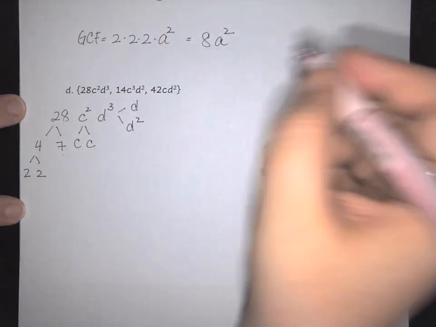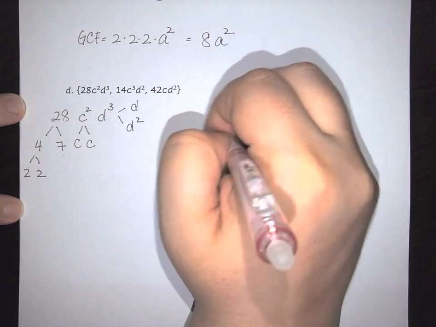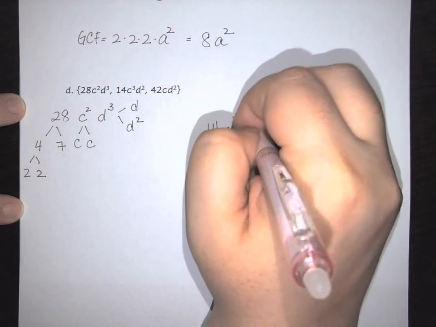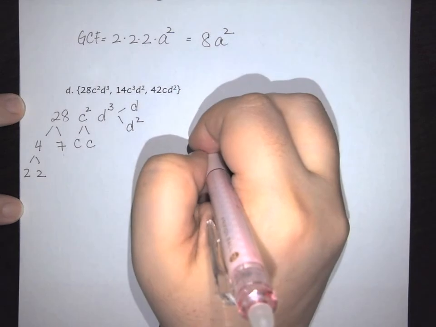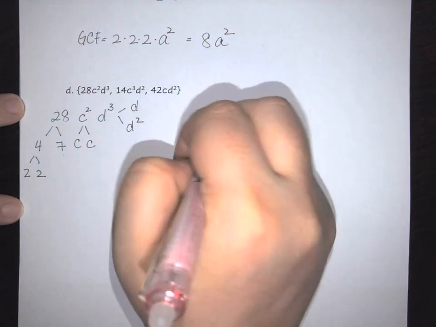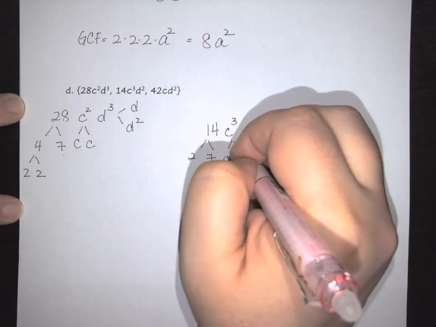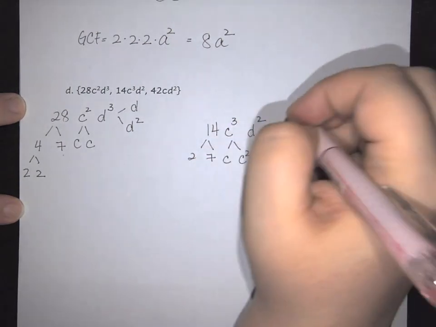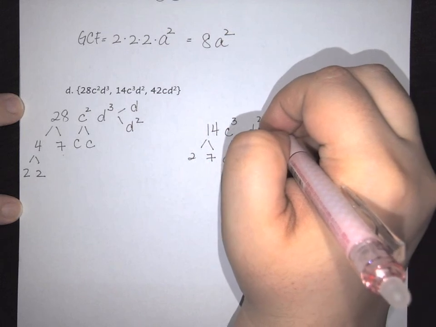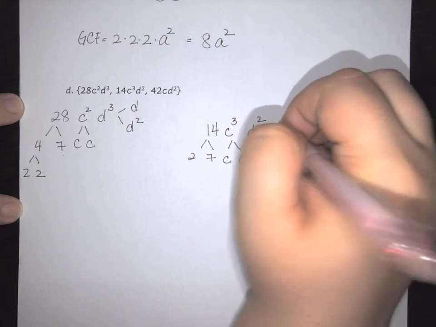Okay, so now let's look at the next one. I have 14c cubed d squared. So my 14 again can become 2 and 7. My c cubed can become c times c squared, and my d squared can become d and d.